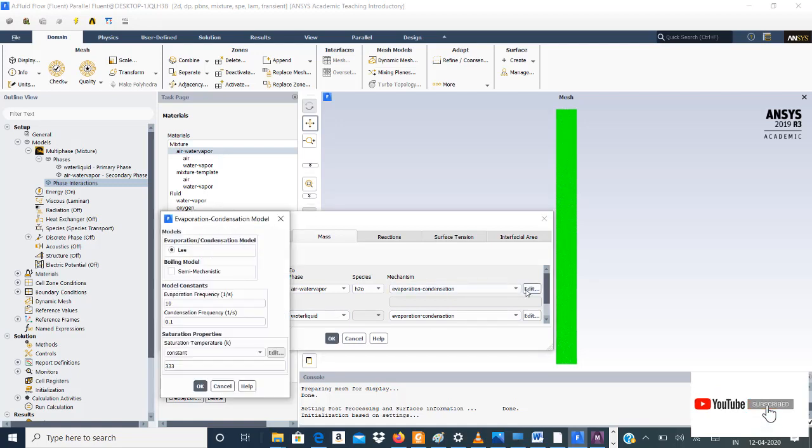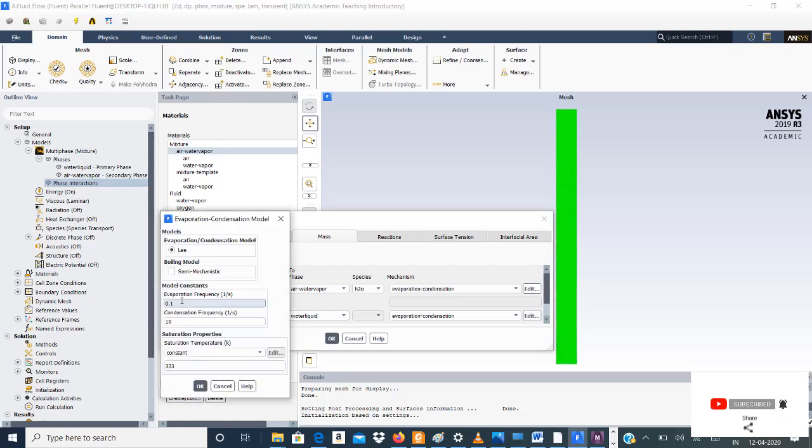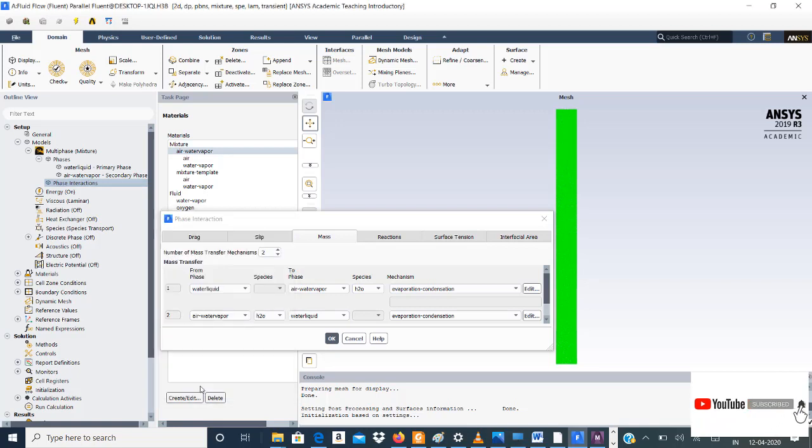In evaporation it needs a high rate, so I have given the evaporation frequency as 10 and the boiling temperature as 60 degrees. These are taken from the publication. Similarly, in the condensation process, the evaporation frequency is 0.1 and the condensation frequency is 10, so the condensation frequency is more compared to the evaporation frequency here. The saturation temperature is again 60 degrees.